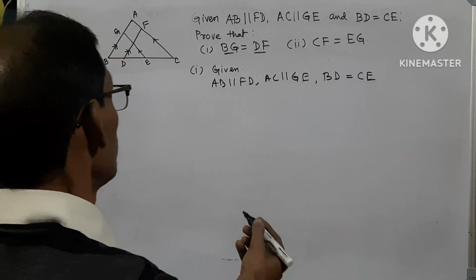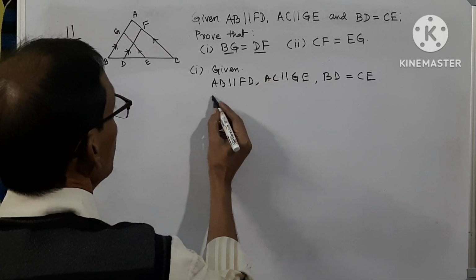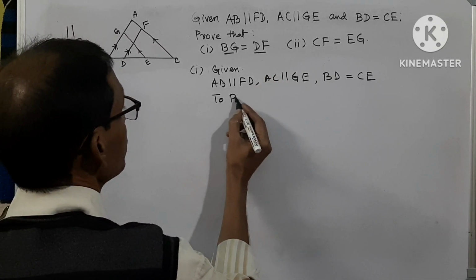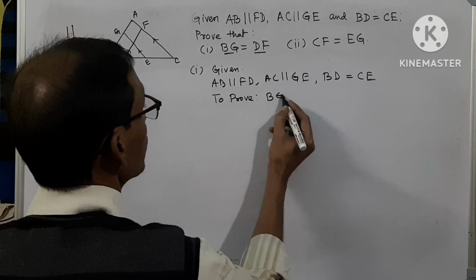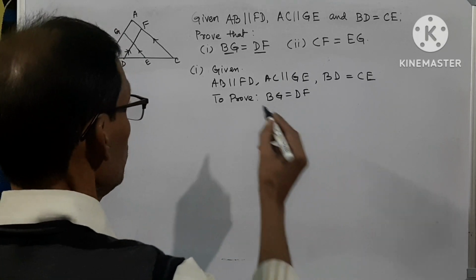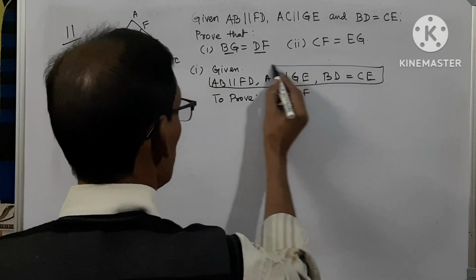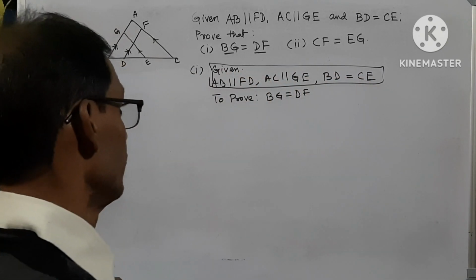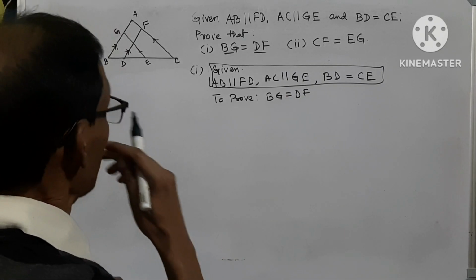With these clues, we have to prove BG equal to DF. So to prove BG equal to DF, we have to concentrate on the given things so that we can prove it.